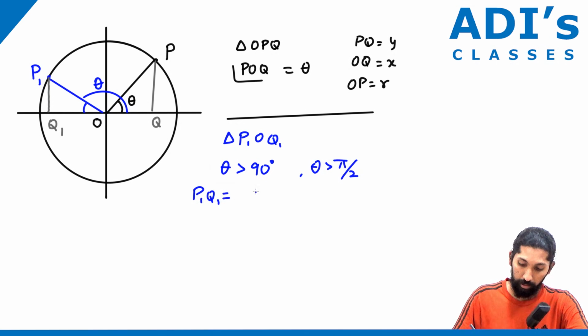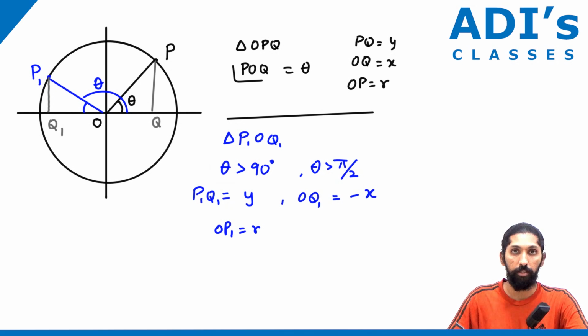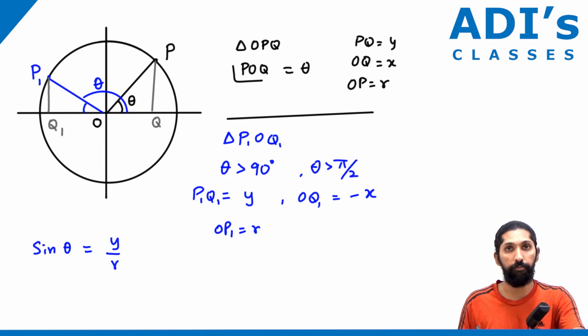Now in this case, P1Q1 is nothing but Y. But what is OQ1? Minus X, negative, right? And next, we have OP1 equal to R, the radius of the circle. Now look at the trigonometric functions. What will be sine of that angle theta? Sine theta is Y by R, still positive.